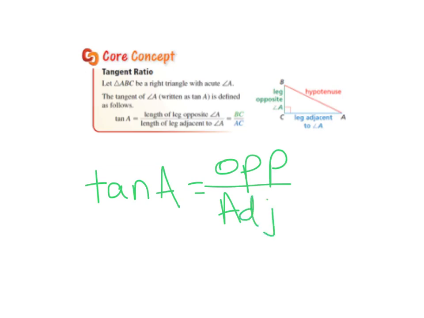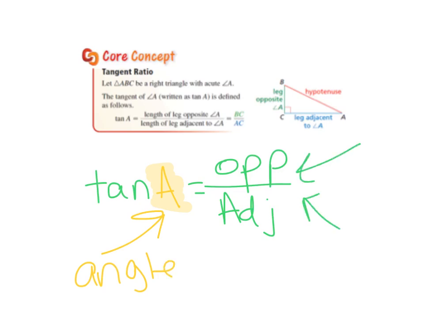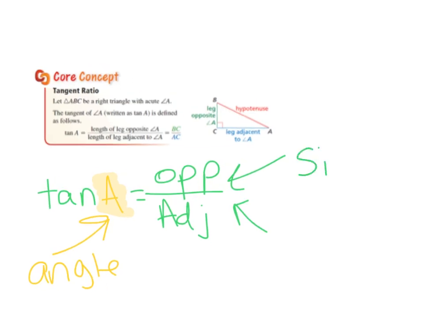And again, A is an angle, and these two are sides, or side lengths.